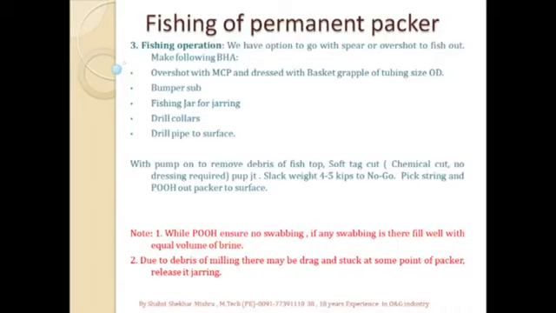So here the BHA will be an overshot with mill control packer, dressed with a basket grapple of tubing size OD. Above that, bumper sub to release the fishing BHA in case of stuck up of the packer itself, fishing jar for the jarring, drill collars and drill pipe to the surface.